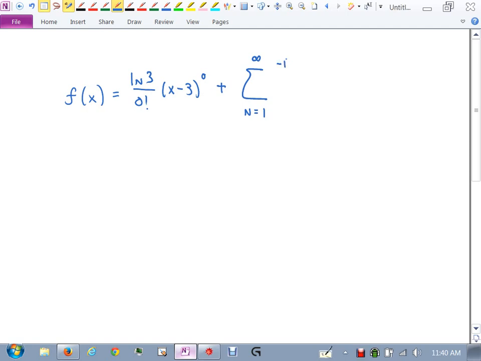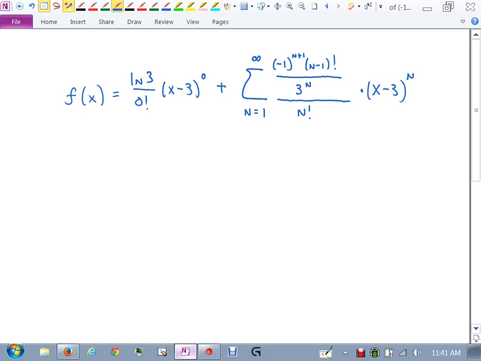That negative 1 to the n plus 1 times n minus 1 factorial over 3 to the n over n factorial times x minus 3 to the n.